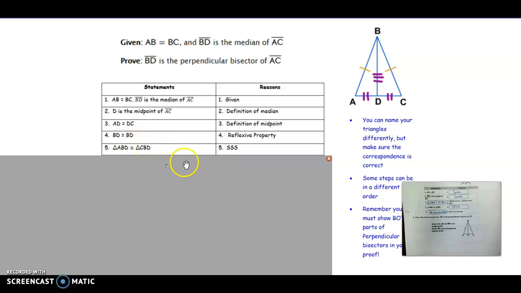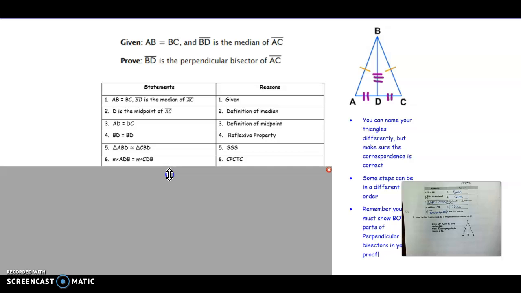Now, what almost always follows proving triangles are congruent? Remember, almost always we're going to use CPCTC next. We can prove all 6 corresponding parts are congruent using CPCTC. We obviously wouldn't need to prove any of the side parts, corresponding sides are congruent, because we already have those in our proof. So it's an angle that we're looking at.